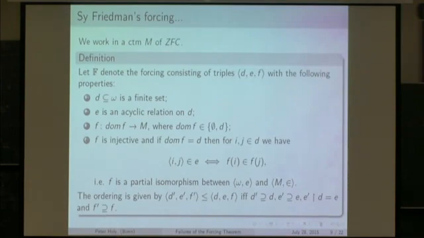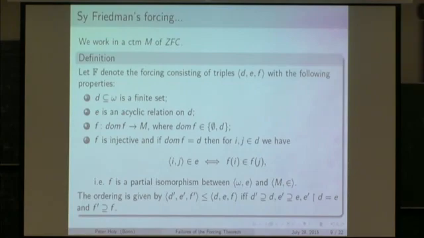And I should maybe say what the ordering is. The ordering is again the natural ordering. If conditions get stronger, the domains D grow, the relations E grow, the relation restricted to the old domain is just the old relation, and the functions grow.